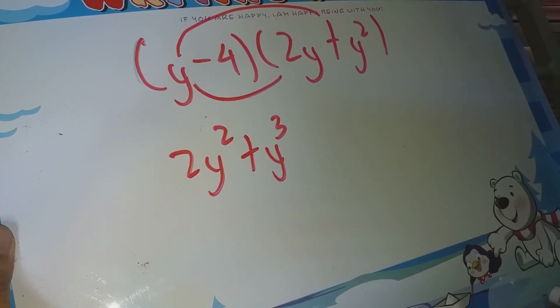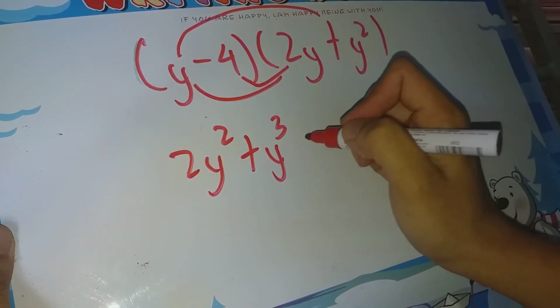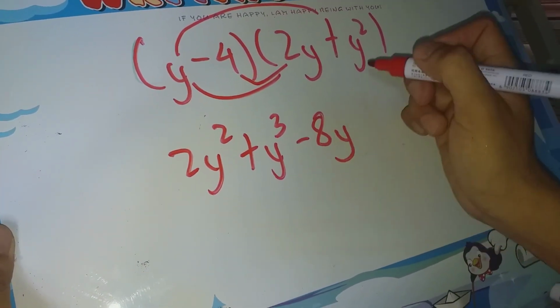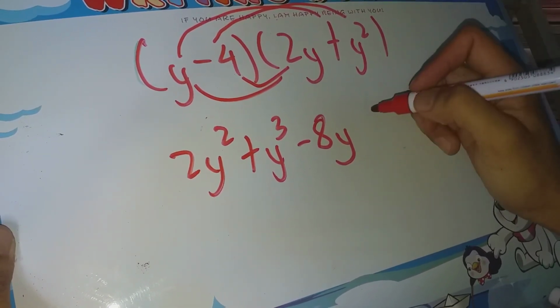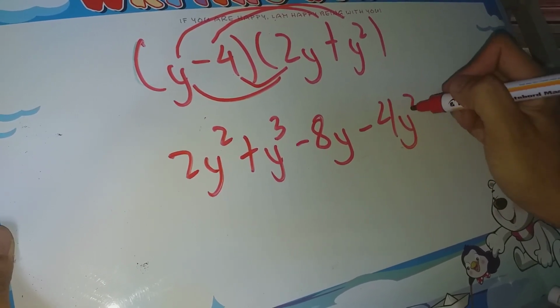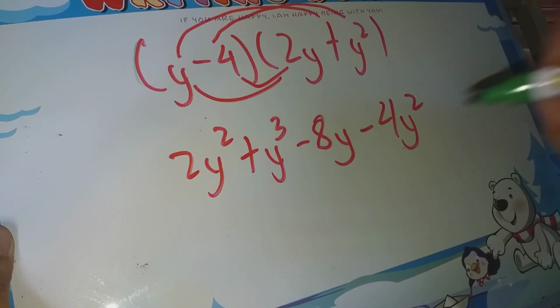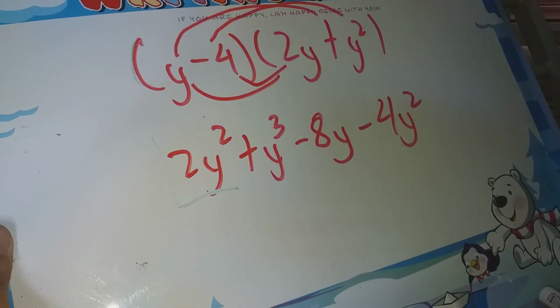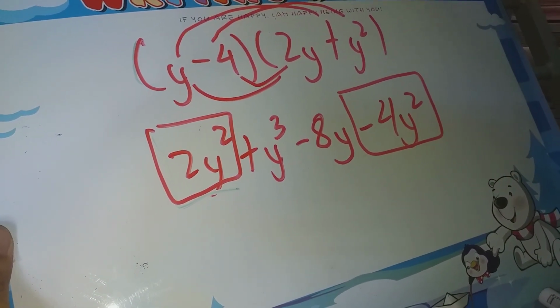And the inner term, negative 4 multiplied by 2y is negative 8y. And the last term, negative 4 multiplied by y squared is negative 4y squared. And then combine the like terms, 2y squared and negative 4y squared.